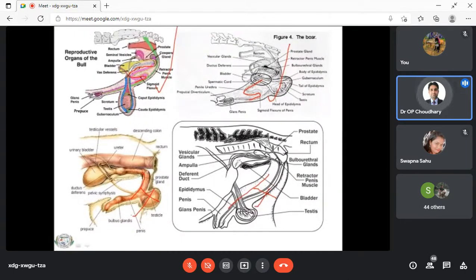But in case of the ox and in case of the boar, due to the sigmoid flexure, they may obstruct the urethra. Okay, so the condition of urethral calculi is more in the ox and in the bull as compared to the dog and stallion, due to absence of the sigmoid flexure.